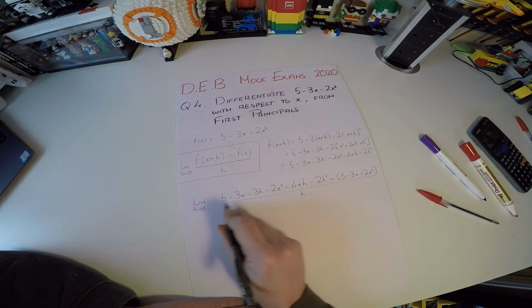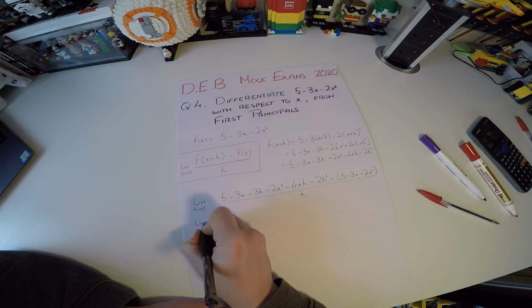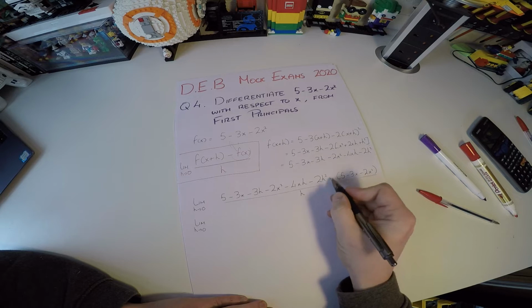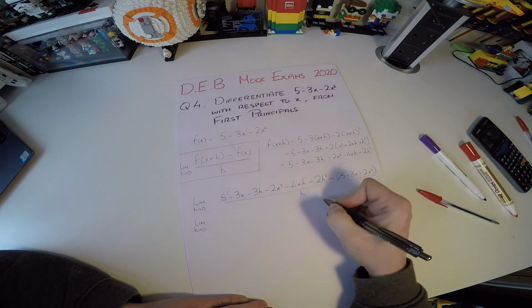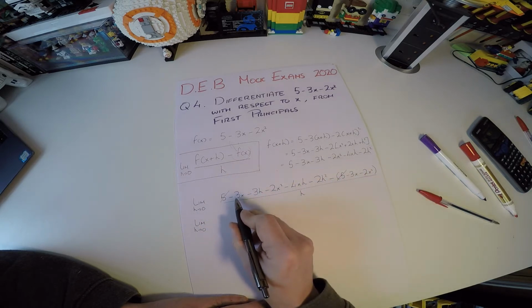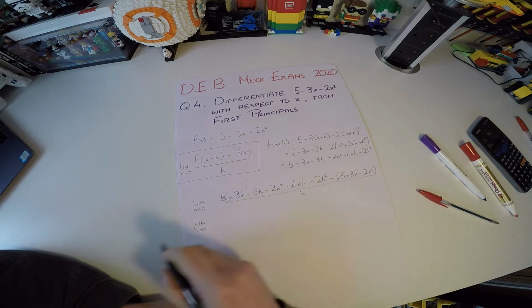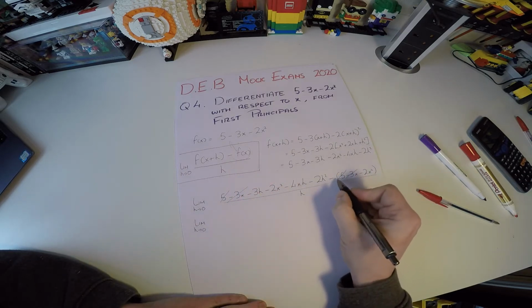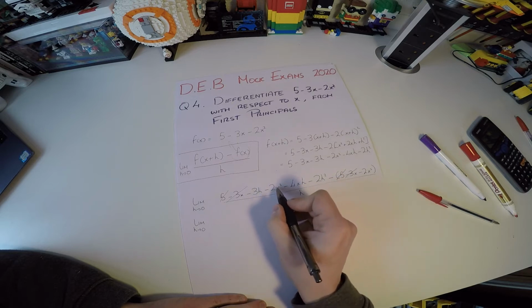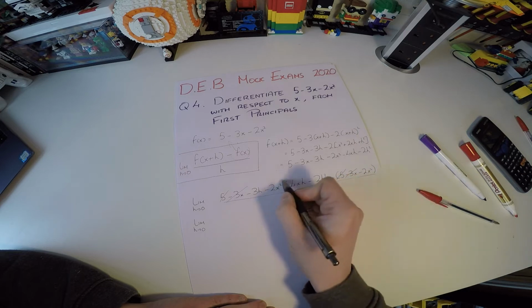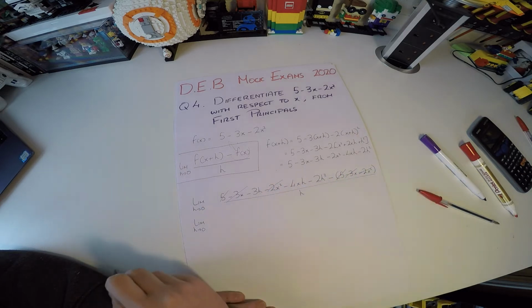So again, let's see if we can do some tidying up top. Limit as h goes to 0. So I have a 5, and there's going to be a minus 5, so they're going to go. I have a minus 3x and then a plus 3x, so that's also going to go, because the minus by the minus will make that plus. Then I'm going to have a minus 2x squared here, and this minus by this minus will make this a plus 2x squared, so this guy is also going to be gone.